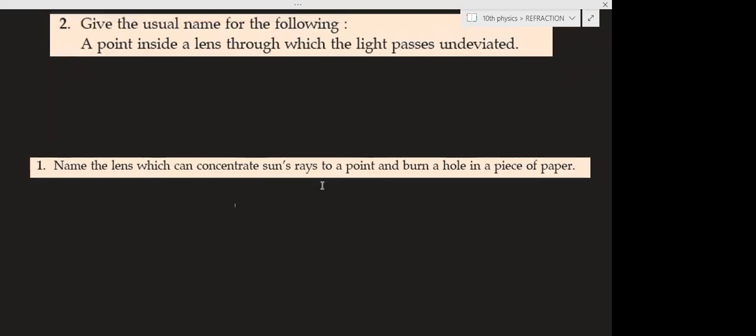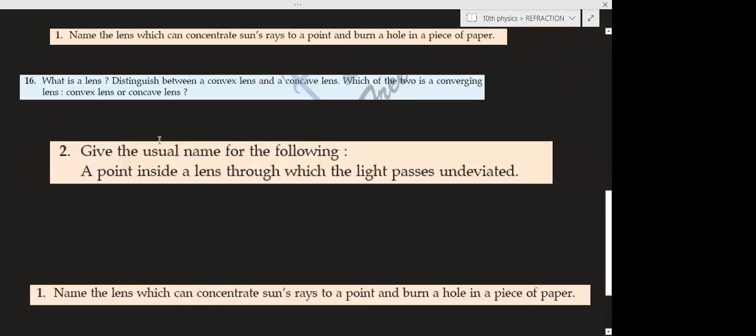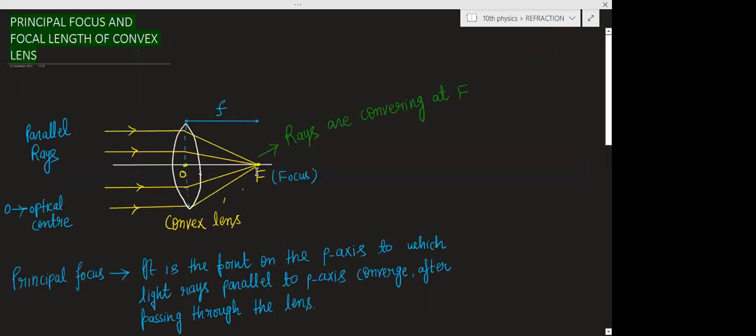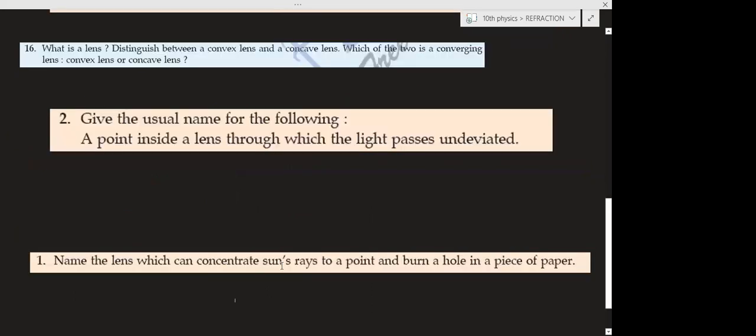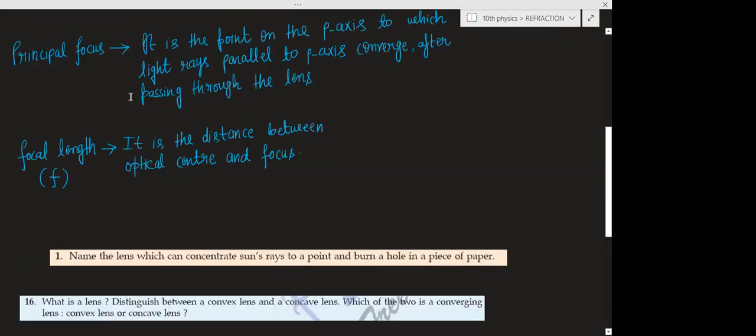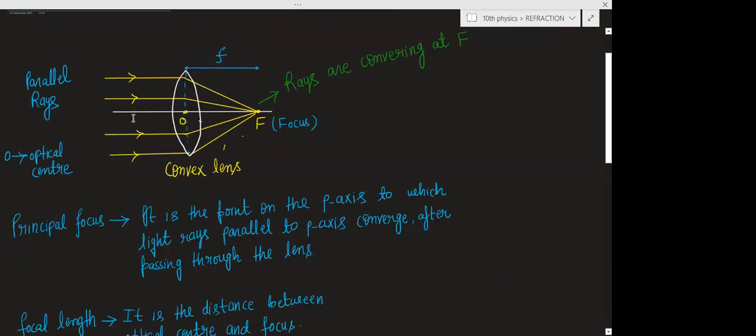Okay. So, see here, rays are coming parallel and they are concentrating at a point. Means all the energy of the rays is concentrated at a point. So they are saying name the lens which can concentrate sun rays to a point. So here convex lens can concentrate the sun rays.